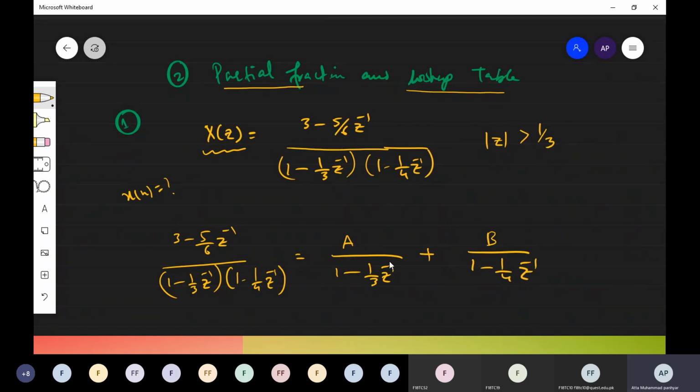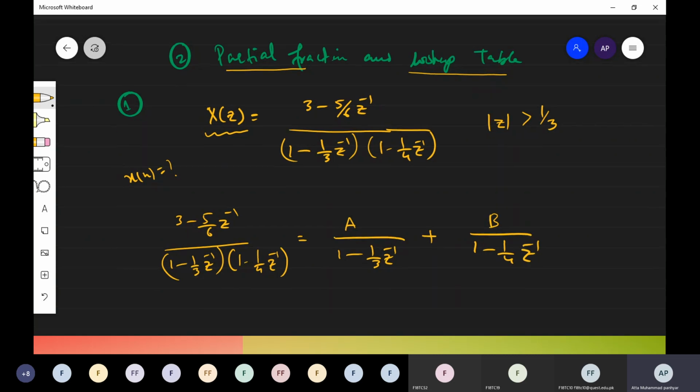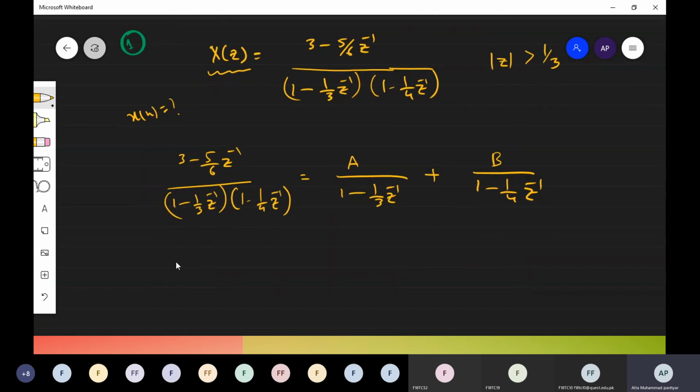First they were in product form, now we convert them into sum form. If I solve it further, what I get is A times 1 minus 1 upon 3 z inverse plus B times 1 minus 1 upon 4 z inverse, right?